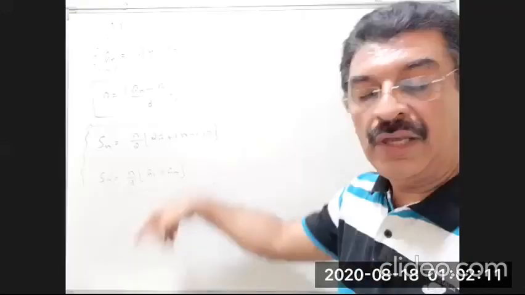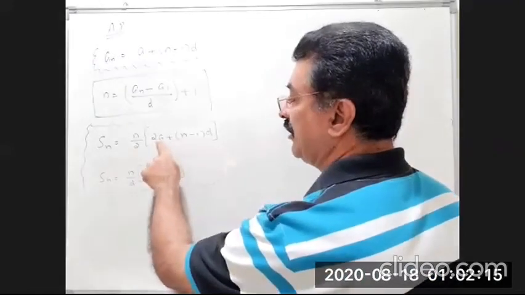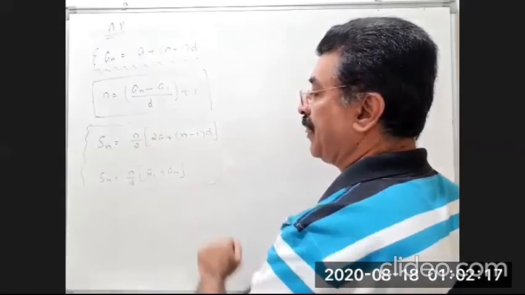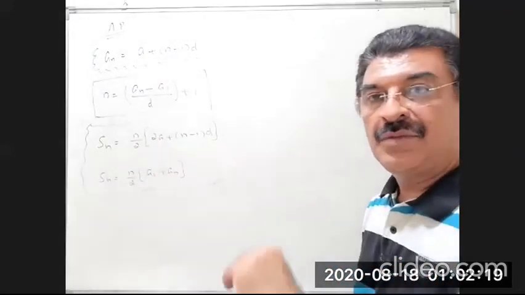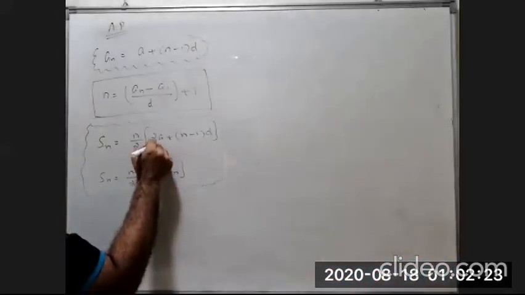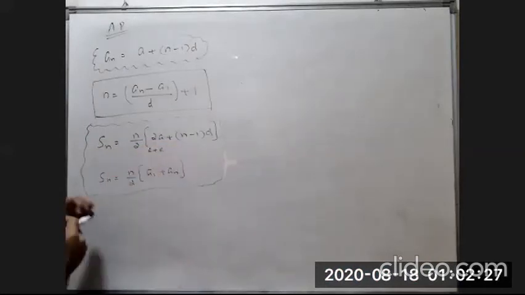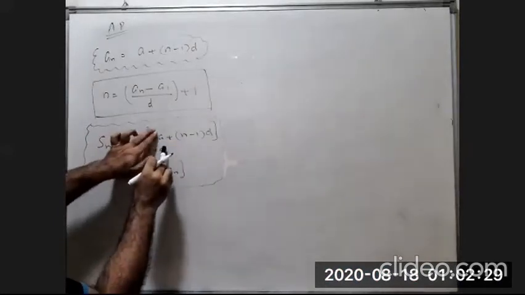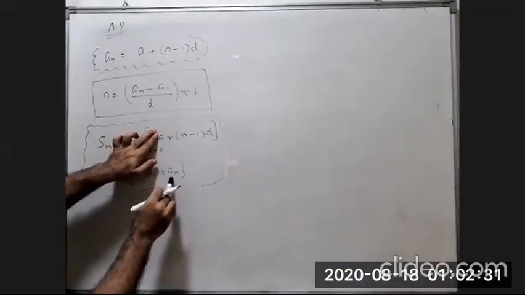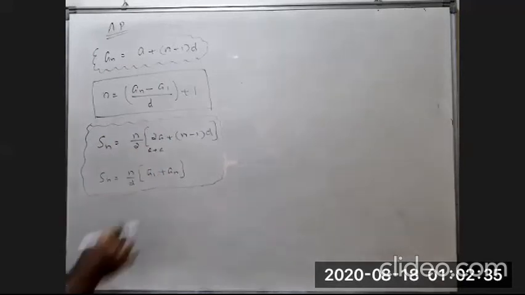These are the same formulas only. Why? Because 2a can be replaced by a plus a. So if I write this as a plus a, now see this a plus n minus 1 into d, that is an. One a is left, that is a1. So it is the same thing only.